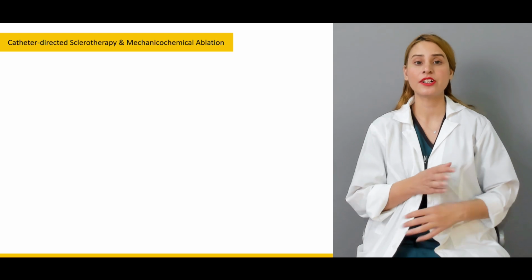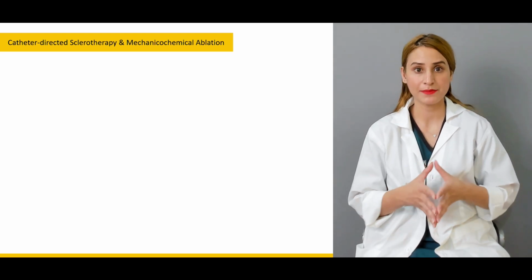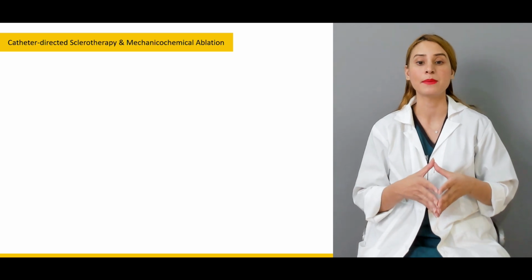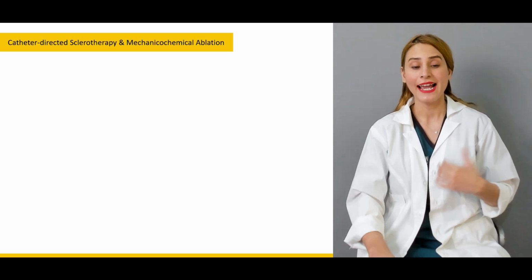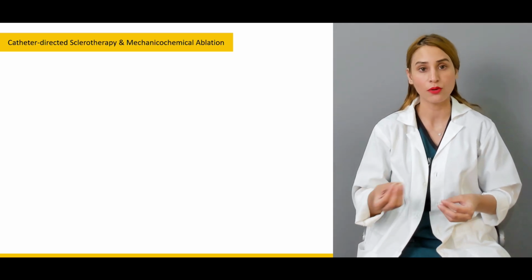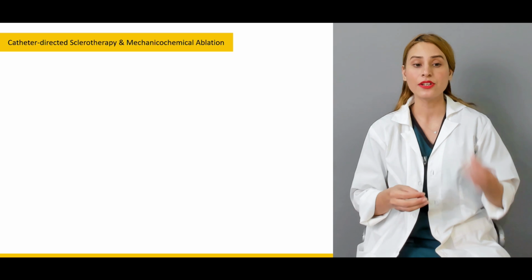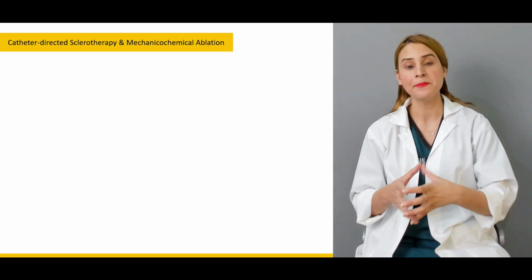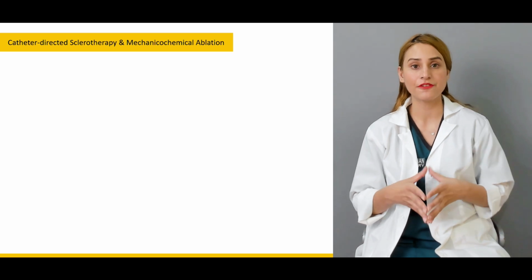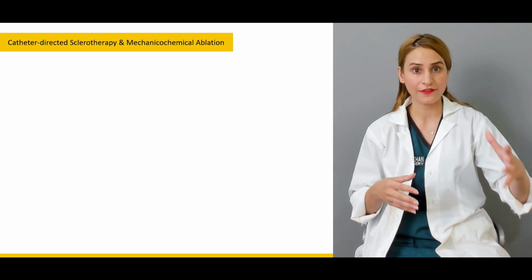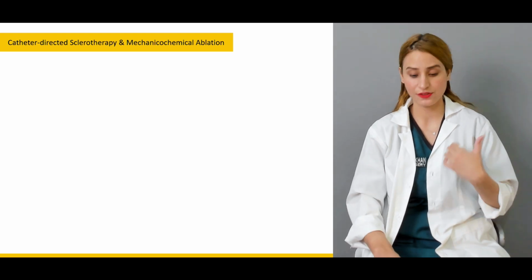The other procedures which can be used for the treatment of varicose veins are catheter-directed sclerotherapy and mechanochemical ablation, in which, instead of using a cannula and inserting the sclerosing agent through that cannula, you insert a long catheter into the vein. If you are performing ultrasound guided sclerotherapy and the pathway is very long, you have to use the catheter.